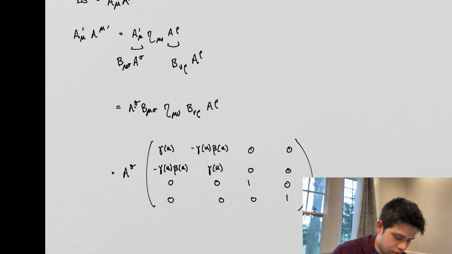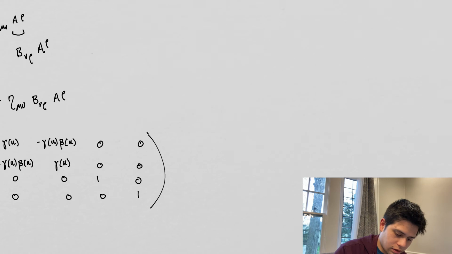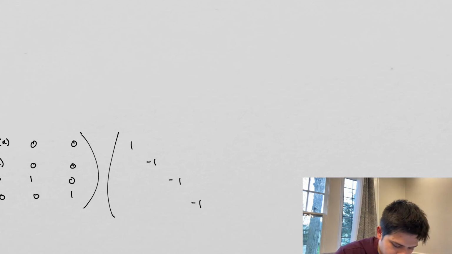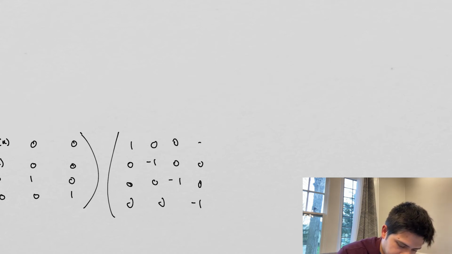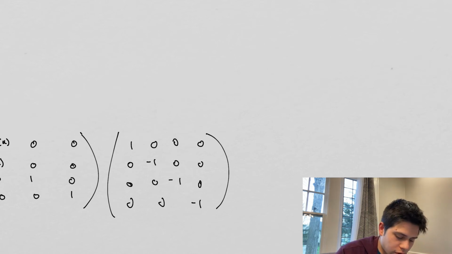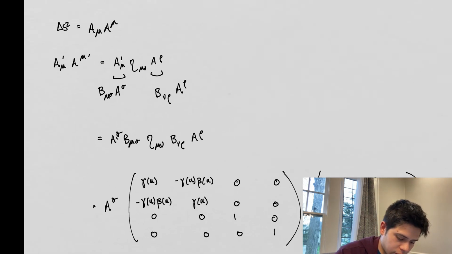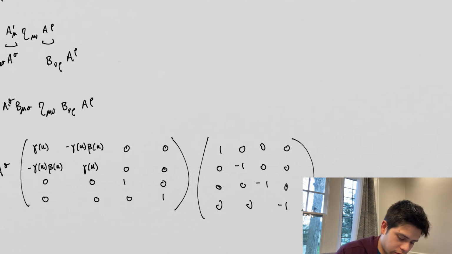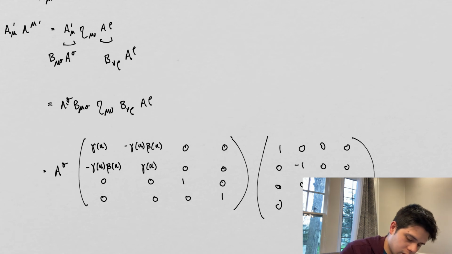And then we have our Minkowski metric, which is just 1, -1, -1, -1, and zeros everywhere else. That, and then we have our other rotation matrix, or our boost matrix. I'm going to have to copy it again.